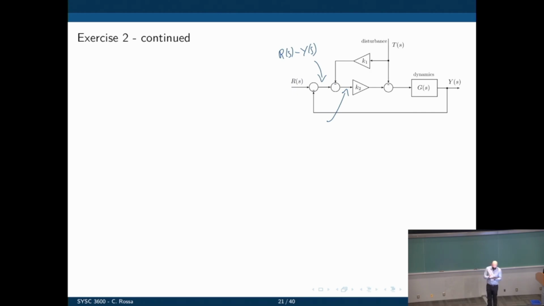It's R of S minus Y of S minus K1 T of S, isn't it? What is the signal past K2? Well, it's the same, R of S minus Y of S minus K1 times T of S, multiplied by K2.